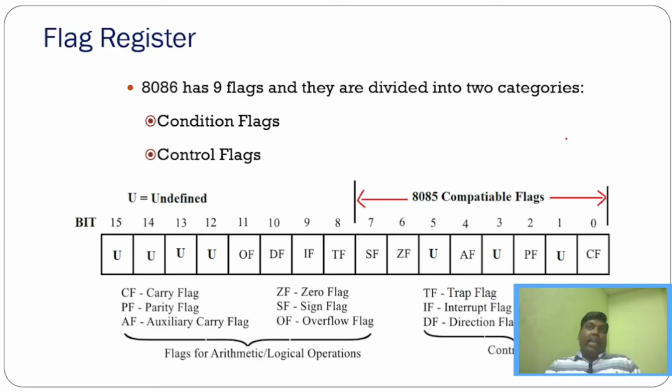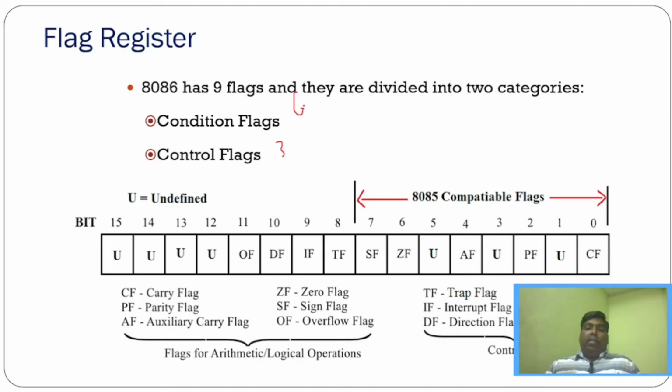When it comes to the flag register, it is a 16-bit flag register. It has 9 flags totally, where we have 6 conditional flags and 3 control flags. What are conditional flags? Depending upon the result of the arithmetic or logical operation, these condition flags will be enabled.